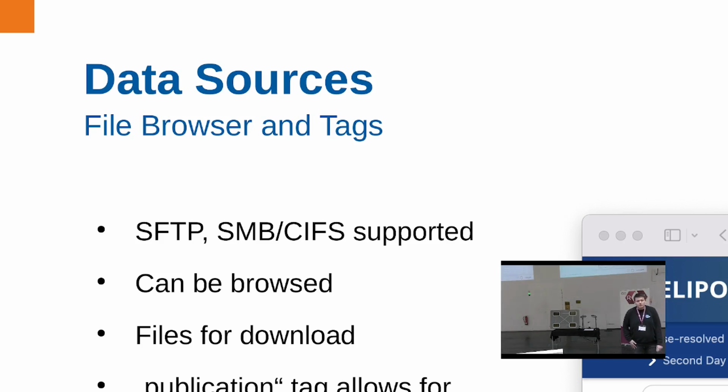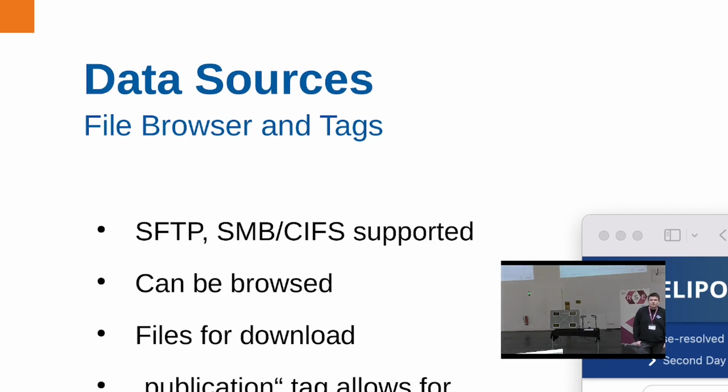One of the features which has some more functionality is data sources. You can link data sources in HELIPORT, which allows you to browse them and set certain tags on certain files and directories. Different kinds of protocols are supported. And we don't store any data inside of HELIPORT.